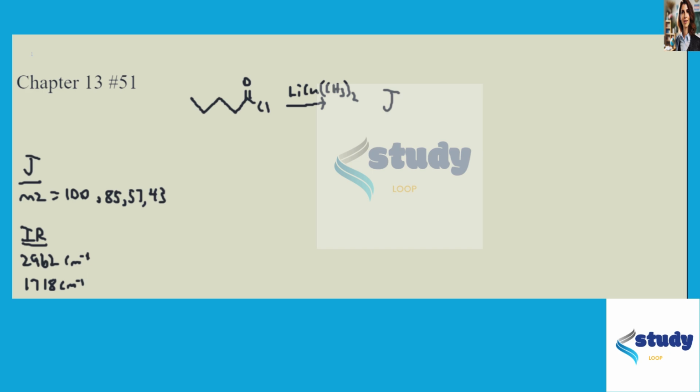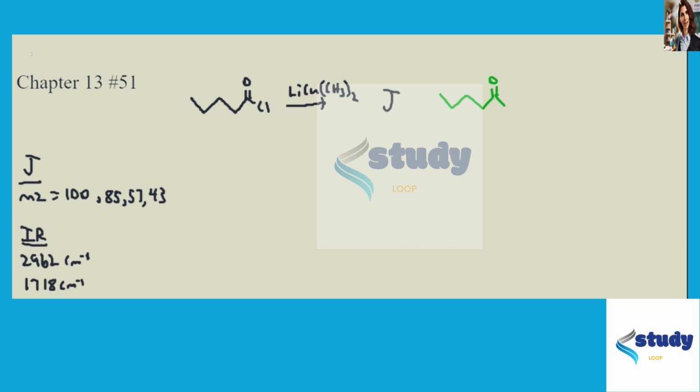This is another case where knowing the chemistry makes this a lot easier. So this reaction is 100% going to give this as a product. Okay, so that's definitely our product.